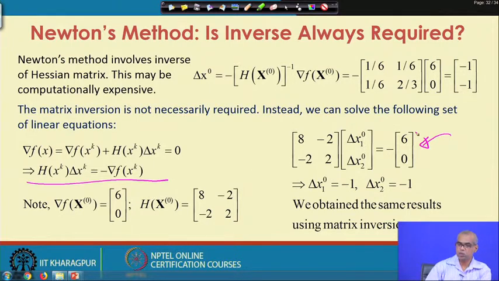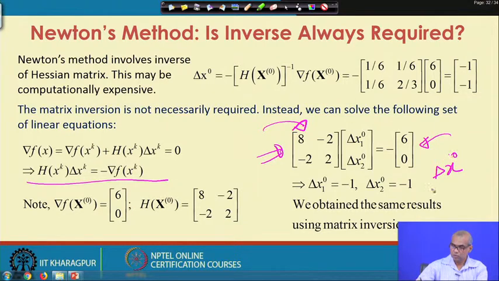Hessian is 8 minus 2 2 and delta x has two components, delta x 1 0 and delta x 2 0. So, this is a set of two linear equations in delta x 1 0 and delta x 2 0. If we solve, I obtain delta x 1 0 equal to minus 1, delta x 2 0 equal to minus 1.